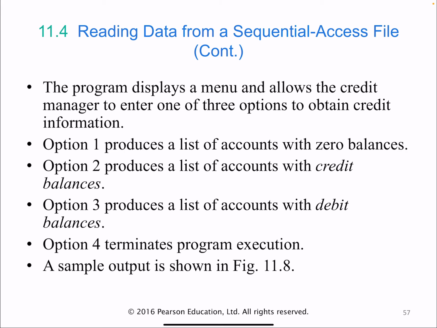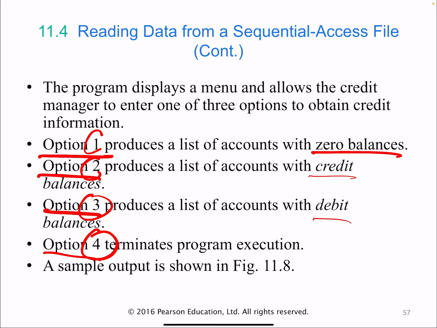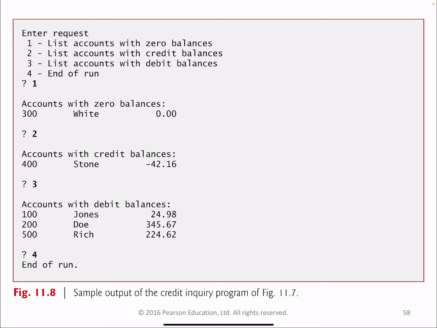So this just describes the operation of that program that I just explained in the source code. This is just explained over here again. So we have these 4 options in the program. Option 4 terminates the program, and 1, 2, and 3 list either accounts with 0, credit, or debit balances. And this is what a sample run of this program can look like.